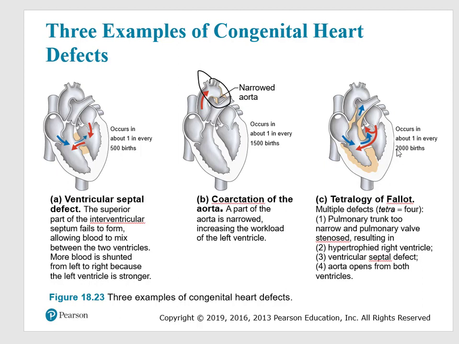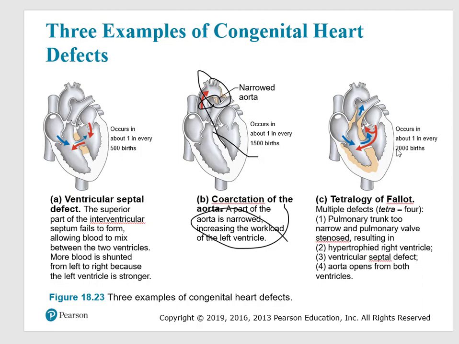This is artificially increasing that pressure. So when the left ventricle pushes the blood into the aorta, it's going to come across this narrowing of the aorta, which is going to cause an overworkload of the left ventricle, causing hypertrophy of the left ventricle. So that also has to be surgically corrected. That is coarctation of the aorta.